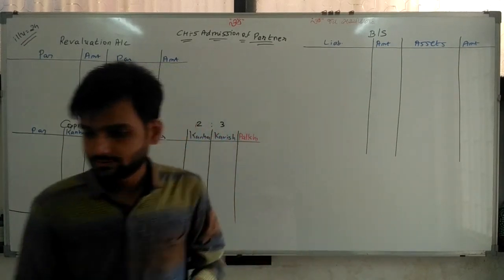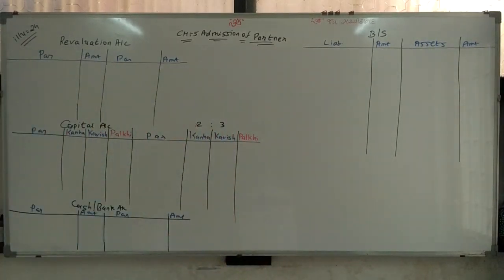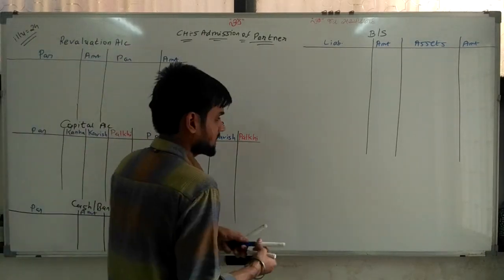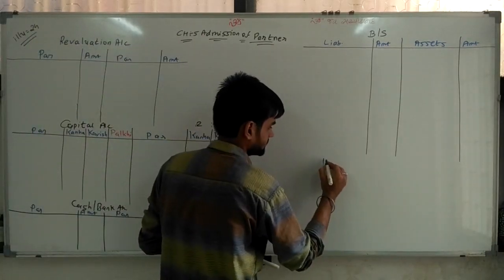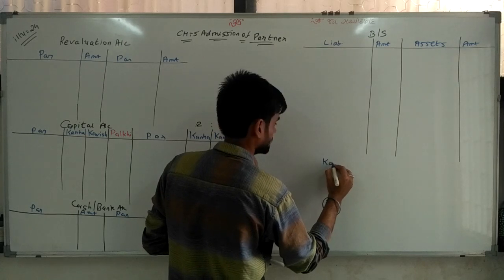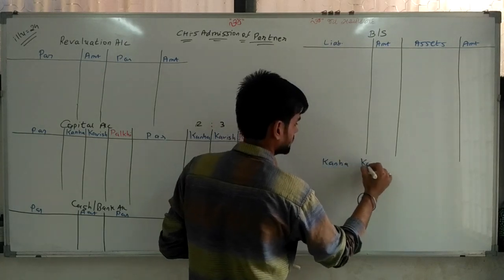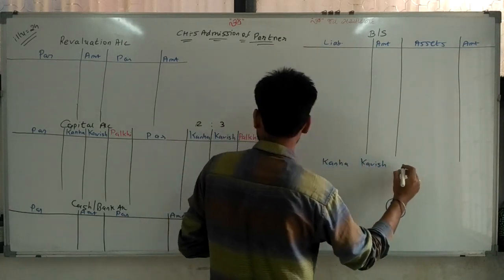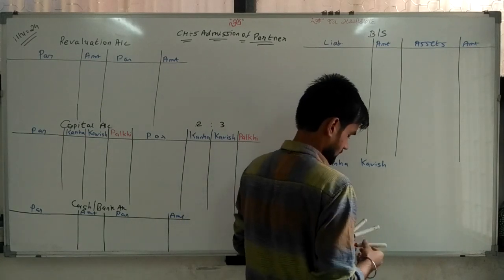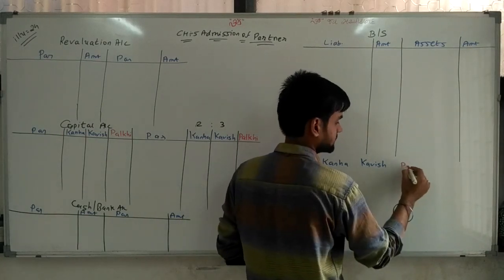First of all, writing Kahana, Kavisha and Palki. Third new partner, Palki.